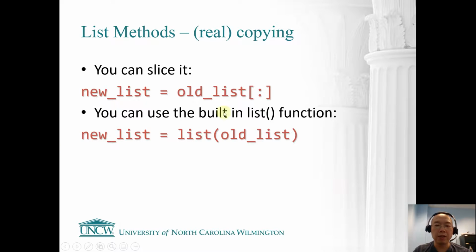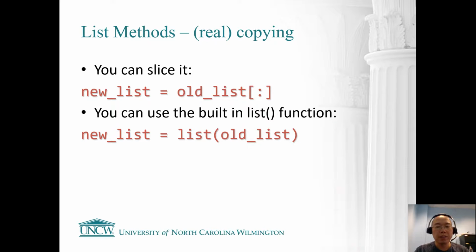Number one, with slicing. This is a weird slicing because we didn't specify where to start or where to end. However, by default we start from the very beginning and end at the very end, so we get a slice of everything in this list.